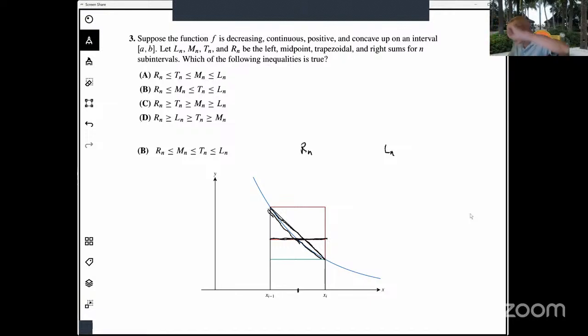And you'll see that that area is actually less than the trapezoidal area. I don't know if I have a better explanation for that, but I think that's the correct order of those terms.